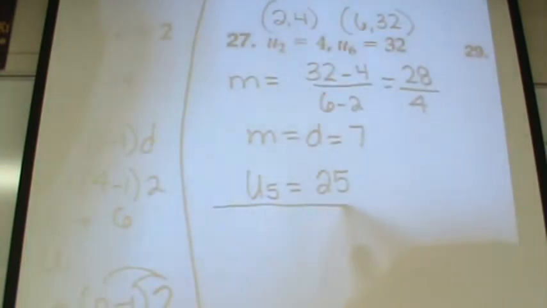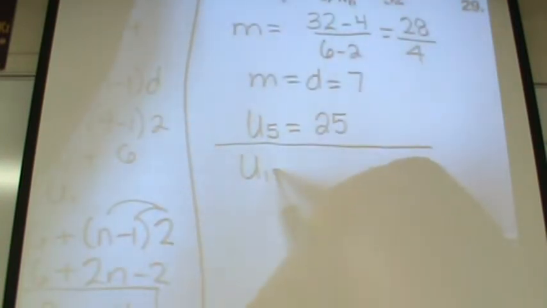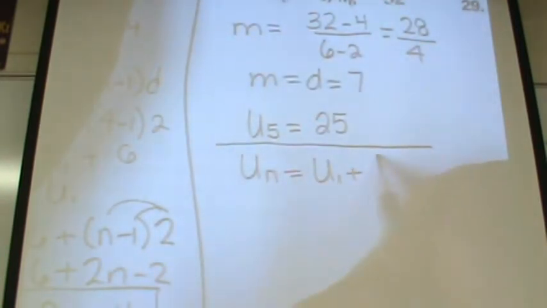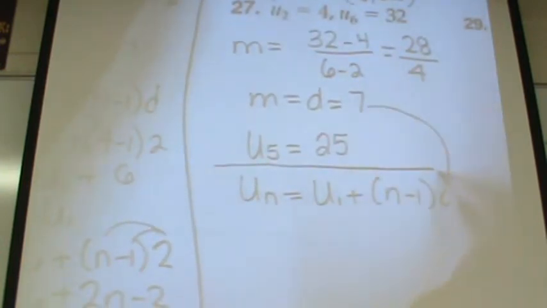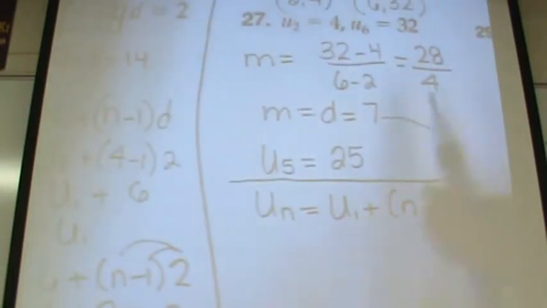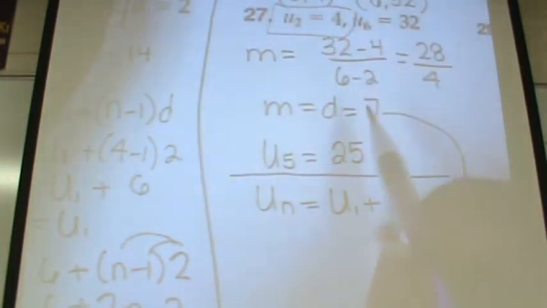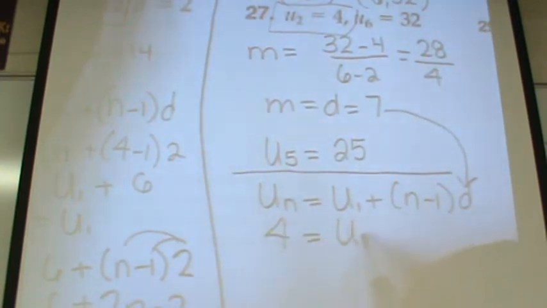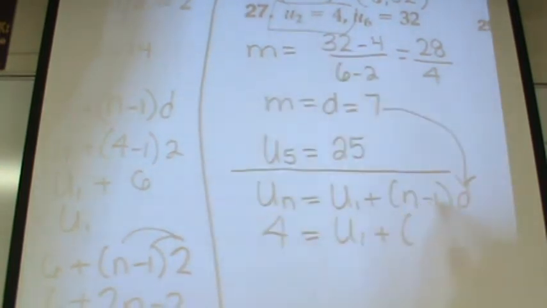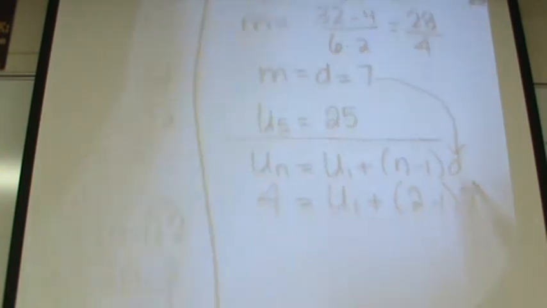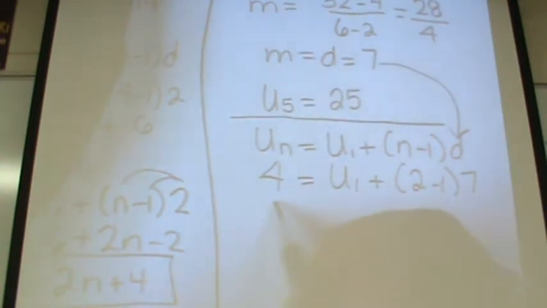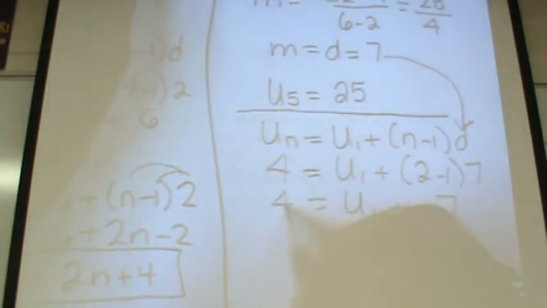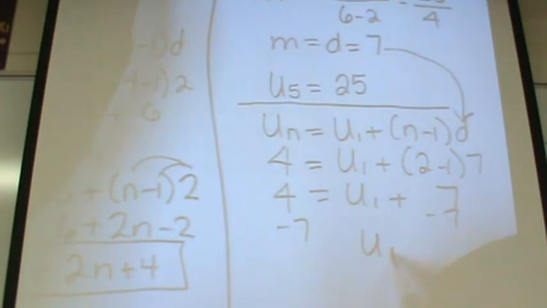Then to find an explicit formula, you would do u sub n is u sub 1 plus n minus 1 times d. So what is d? d is 7. We don't know the first term, so we're going to use one of these, probably that one. You write the 4 is the first term plus, use this subscript, 2 minus 1, and then times 7. 2 minus 1 is 1, 1 times 7 is 7, subtract 7, and u sub 1 is negative 3.